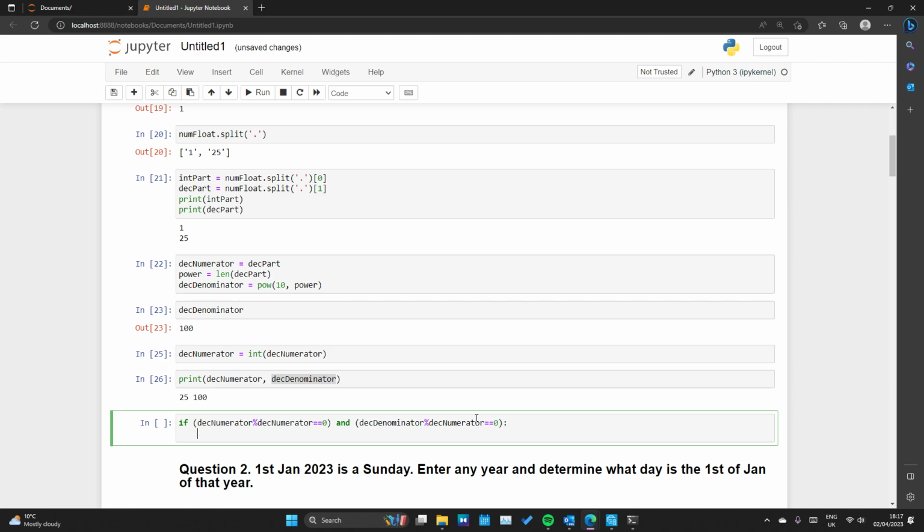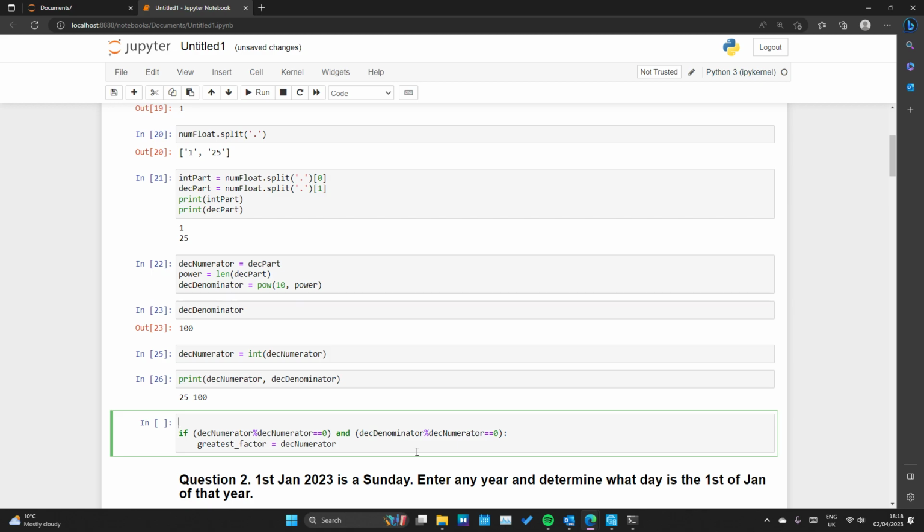So I'm just going to name that variable greatest factor is equal to, so we are dividing both the numbers by decimal numerator, and that should be the decimal numerator. So this does not make much sense at the moment, because we just divided both of them by 25, and we know that this is true, but it won't always happen.